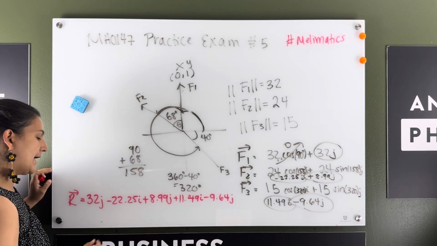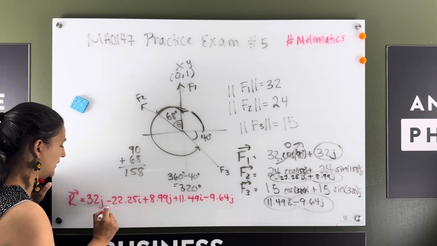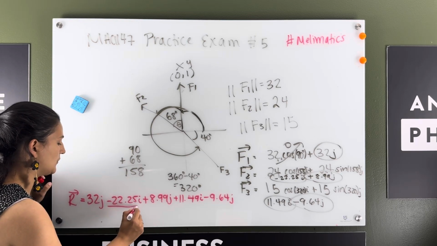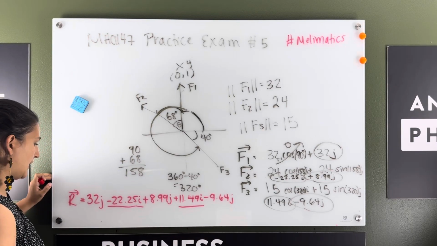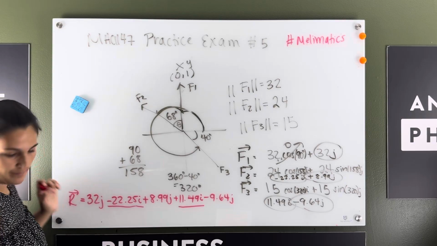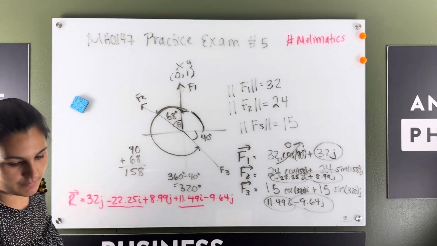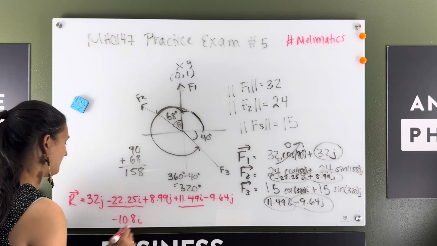Okay, and now of course you can only put your like terms together. So let's go ahead and do negative 22.25 i plus 11.49 i. You could do the math on the side. Okay, but this is negative 10.8 i.